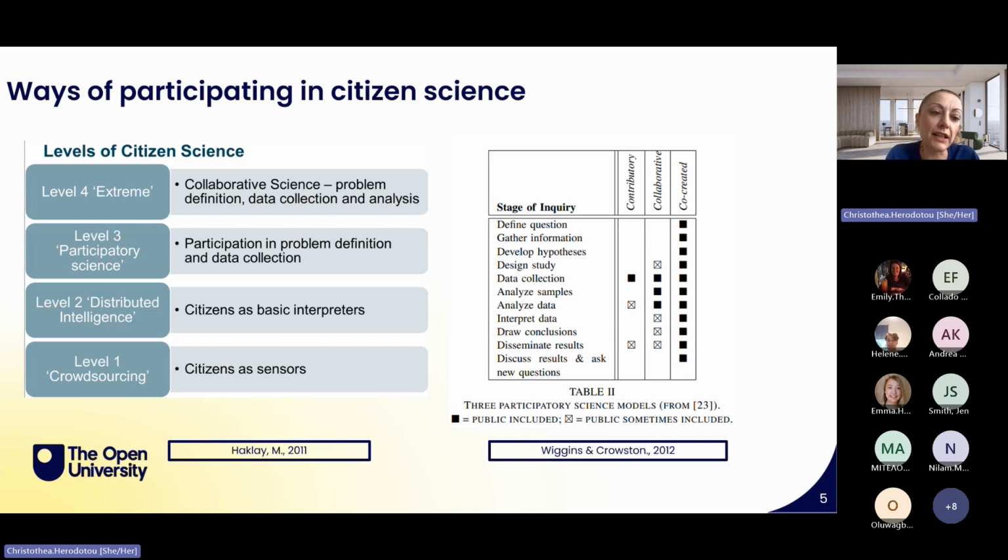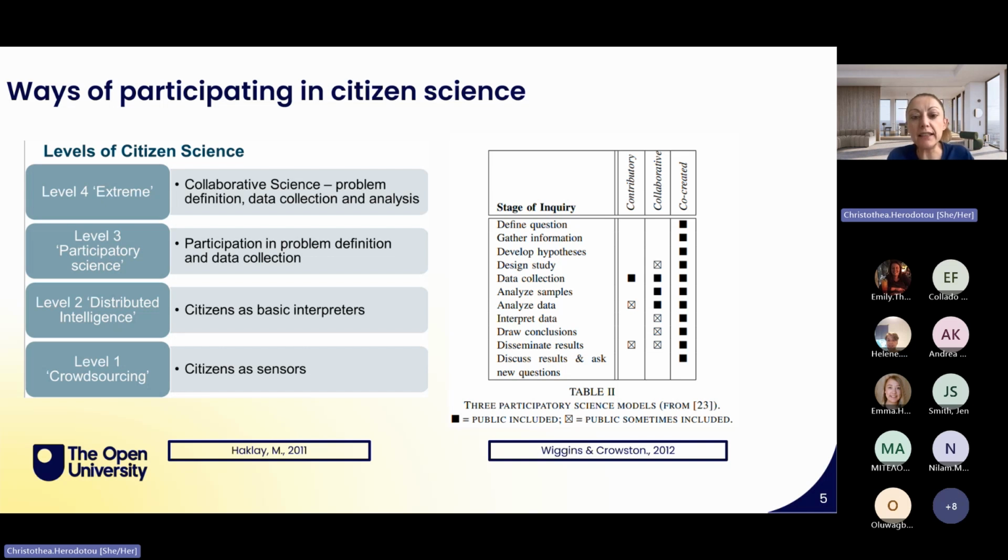And maybe the most advanced level of involvement is what people call extreme citizen science. We call it citizen inquiry, and I'm going to tell more about it in my next slides. So here is 100% collaboration between scientists and the public, from defining the problem, devising research questions, deciding how to collect data, collecting and analyzing data.